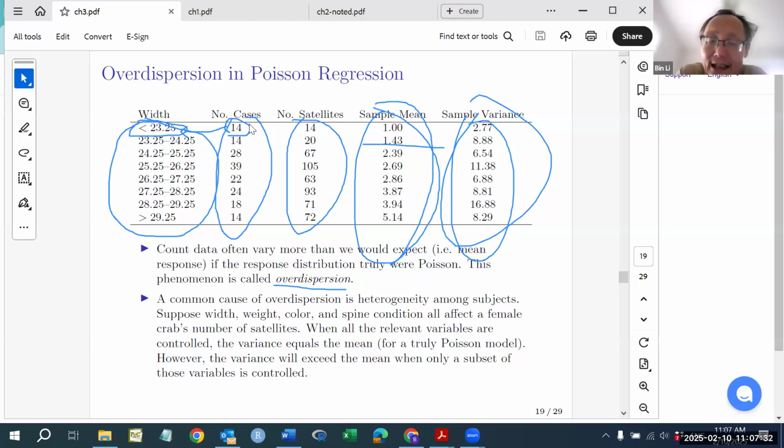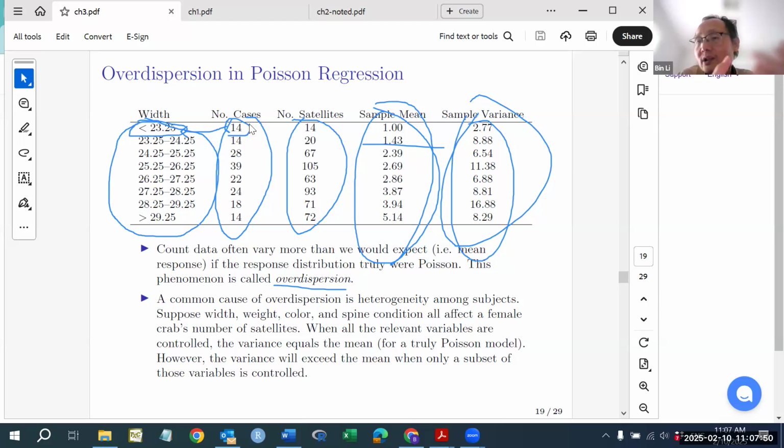So in that case, we usually observe over-dispersion because there are many other relevant variables which we ignored and didn't consider in the model.